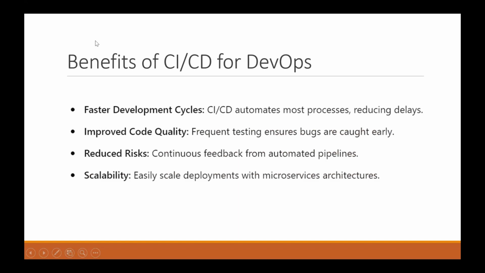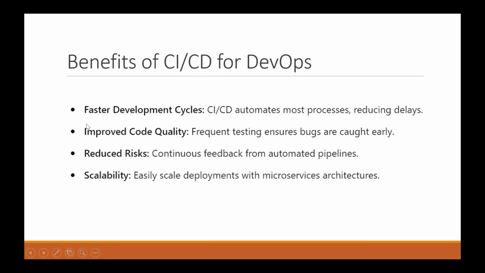Now let's discuss what are the benefits of CI/CD in DevOps. This enables faster development cycles, like we already discussed. If everything is being done with automation and pipelines, of course, if no human intervention is required, or nothing is being done by humans, the development cycle will be fast.